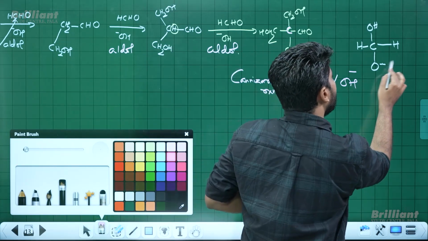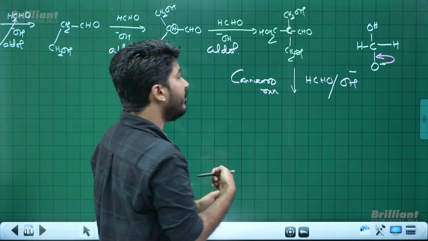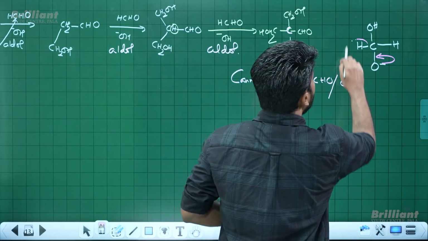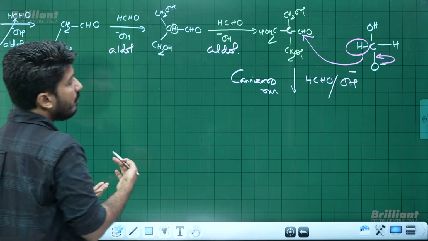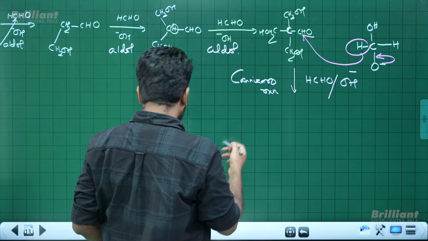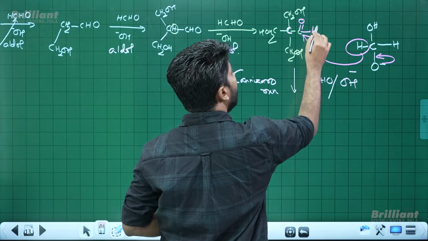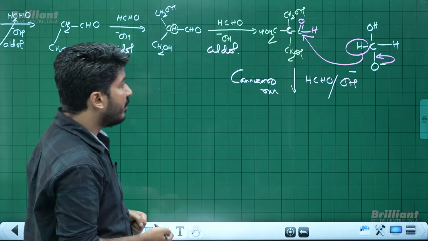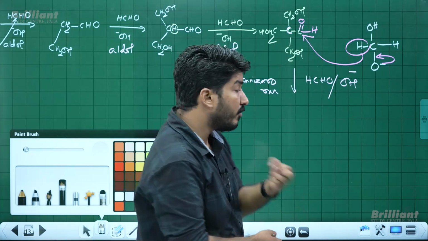Hydride transfer is the rate determining step for the Cannizzaro reaction. So formaldehyde will always donate its hydride to the other partner. That will happen onto this carbonyl group, an aldehyde not having any alpha hydrogen. That will get reduced and formaldehyde will be oxidized to formic acid or formate.